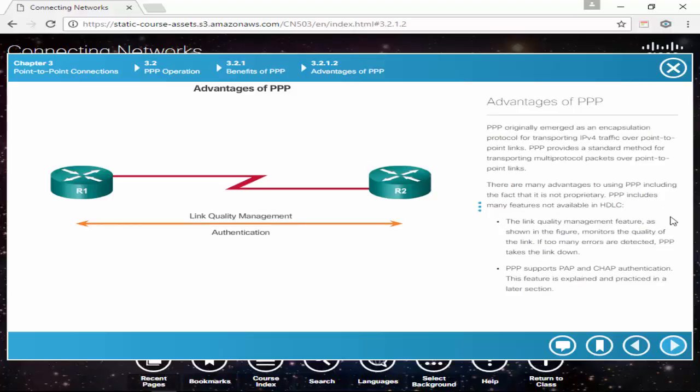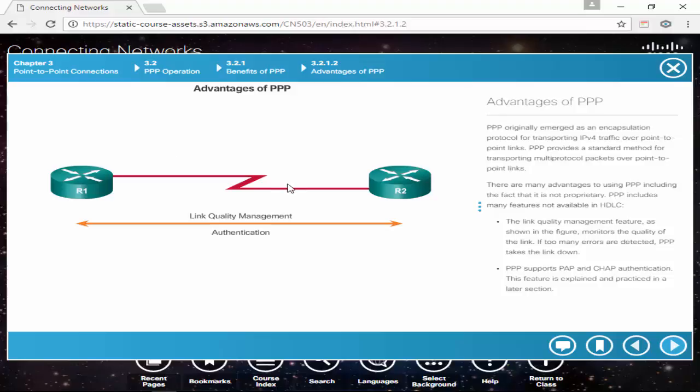So, advantages of PPP. Well, one, we have authentication, and two, probably link quality management. That's the main. The link quality management feature shown in the figure monitors the quality of the link. If too many errors are detected, PPP takes the link down, right?